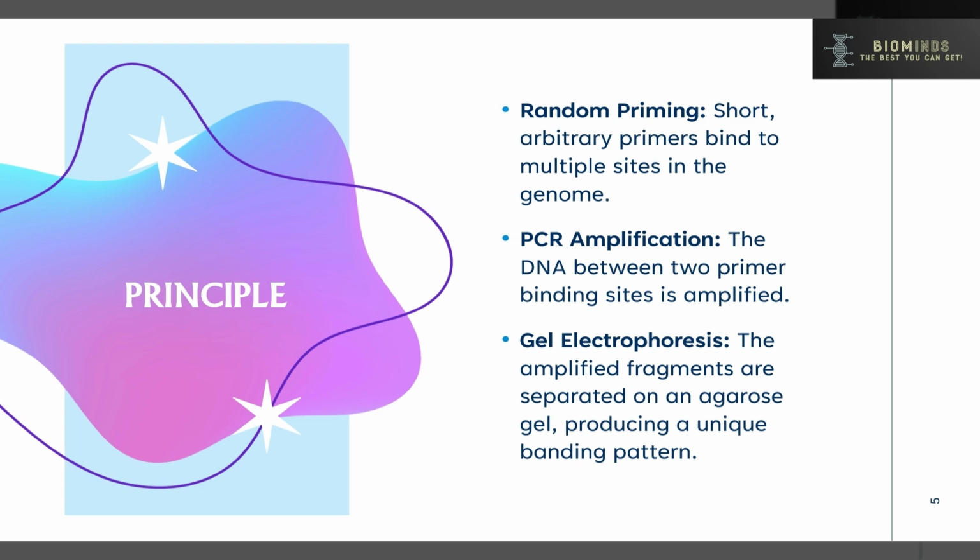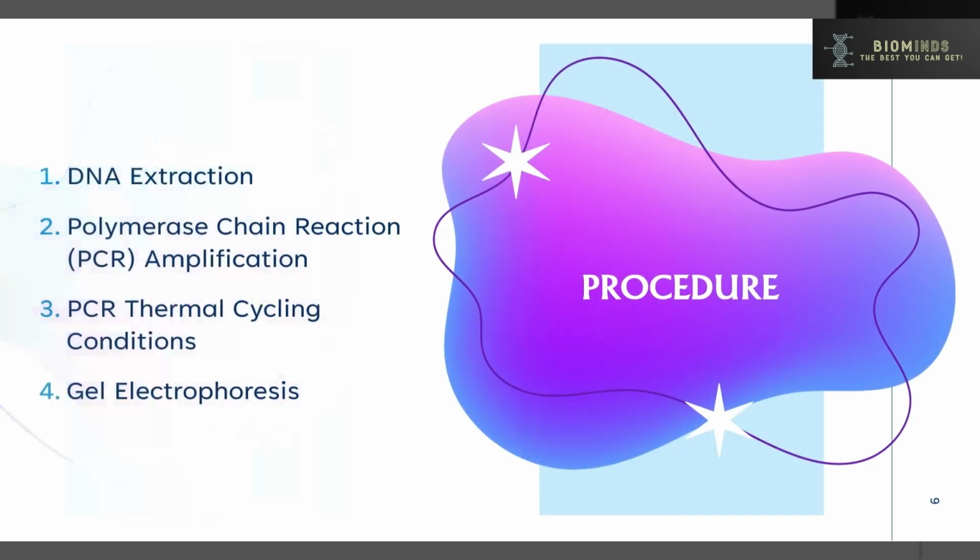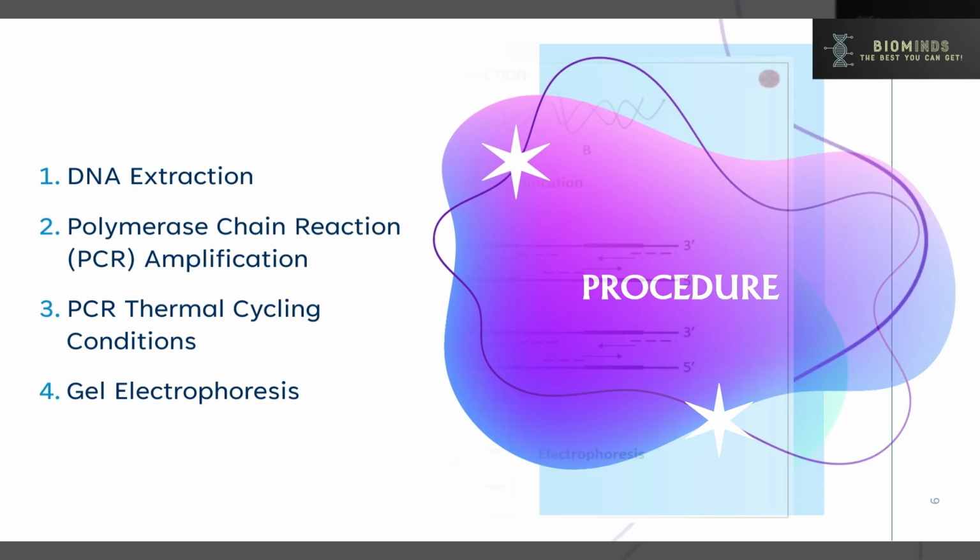After the random priming, these three steps continue, and after this PCR we do gel electrophoresis to see the banding patterns of the sample. So the procedure of RAPD includes: first, DNA extraction from the sample; second, PCR amplification; third, PCR thermal cycling conditions; and fourth, gel electrophoresis.